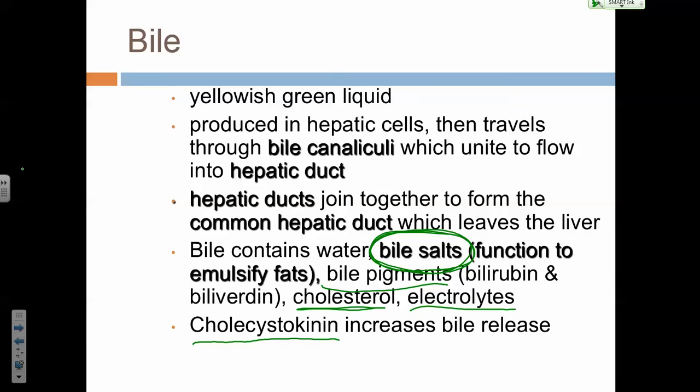It tended to slow down things at the stomach, and it caused the pancreas to release the enzymes in the pancreatic juice, like lipase. And what it does at the liver is help increase the release of bile. Remember, one of the triggers for cholecystokinin is the presence of fats in the small intestine. And doesn't bile emulsify fats?